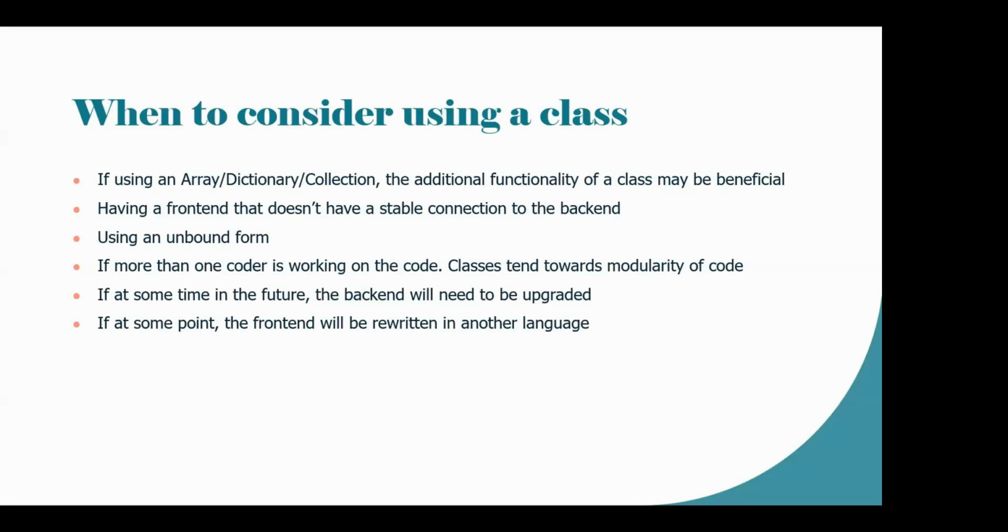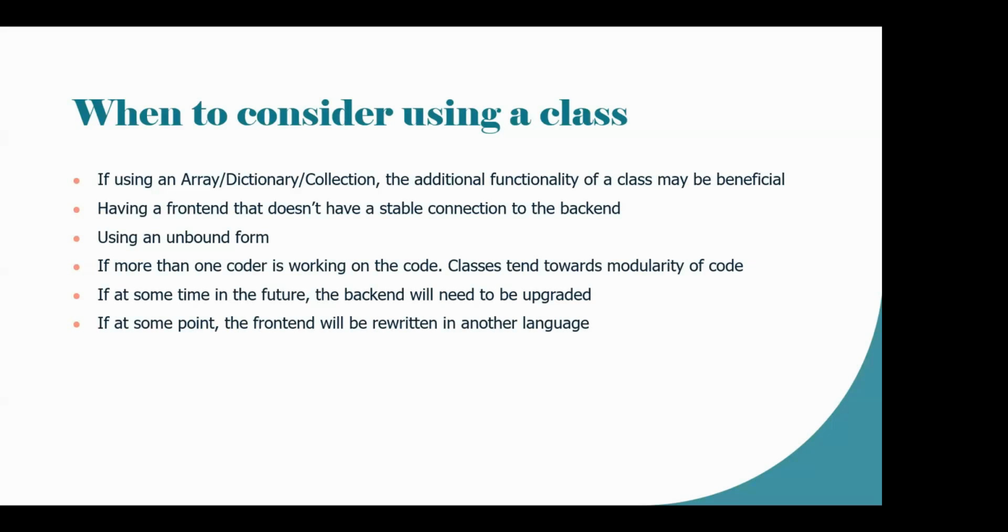Having a front end that doesn't have a stable connection to the back end, i.e., if your back end is on the internet and you don't have a really good connection, using classes can alleviate some of the frustration of losing a connection. If you're using an unbound form, using a class is a great way of doing it.